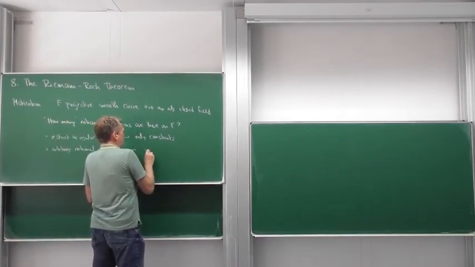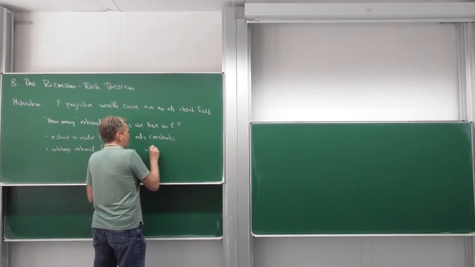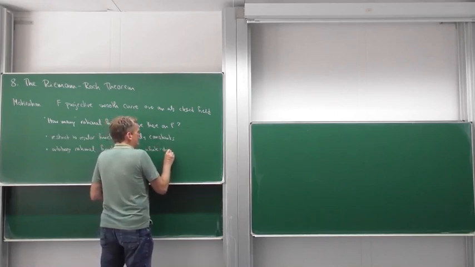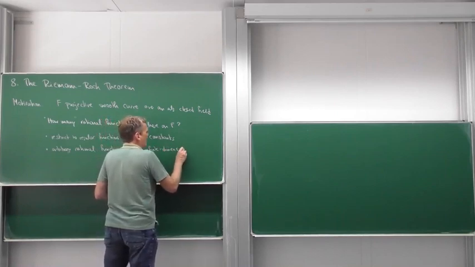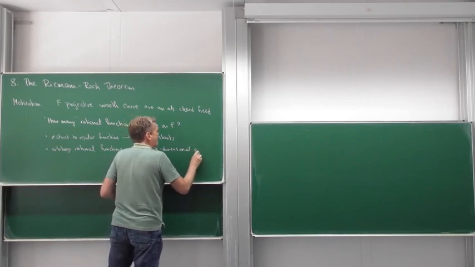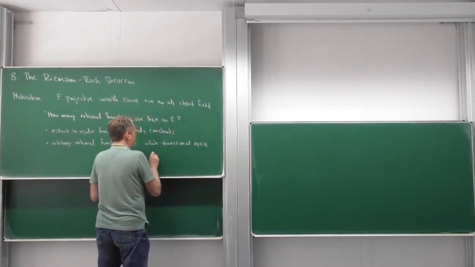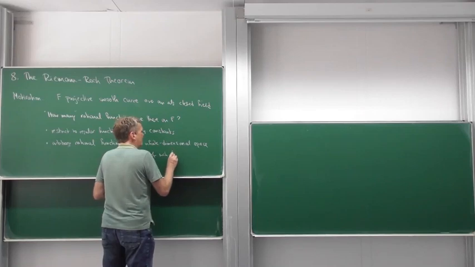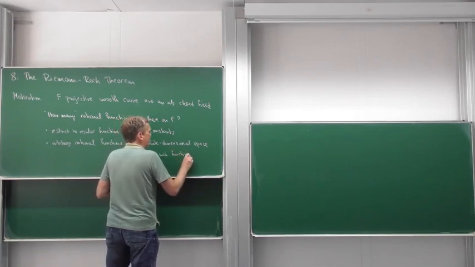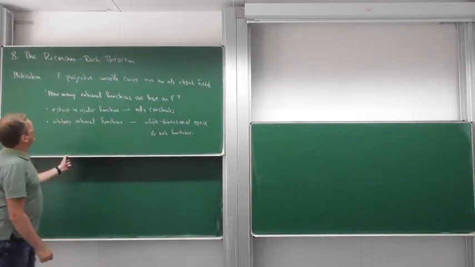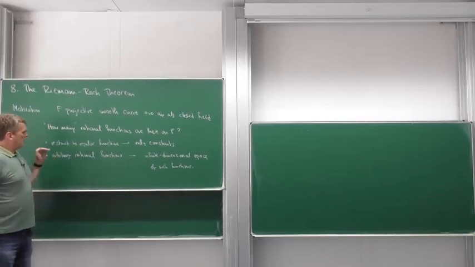So, say, for example, there's an infinite dimensional space of such rational functions, which also doesn't have a useful structure. So the interesting question would be somewhere in between.